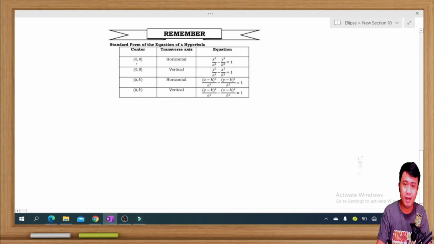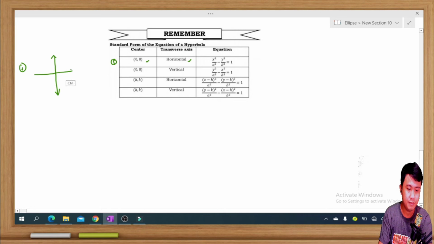Okay, so pakitandaan na lang, if the transverse axis is horizontal and our center is 0, 0, then the equation of our hyperbola is given by x squared over a squared minus y squared over b squared equal to 1. Yan. So, this is the first equation. So, number 1, try nating mag-draw. For example, this is your x and y coordinate plane.